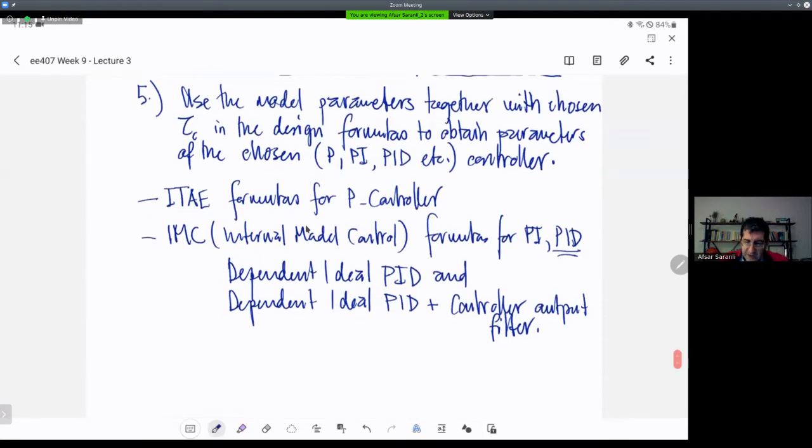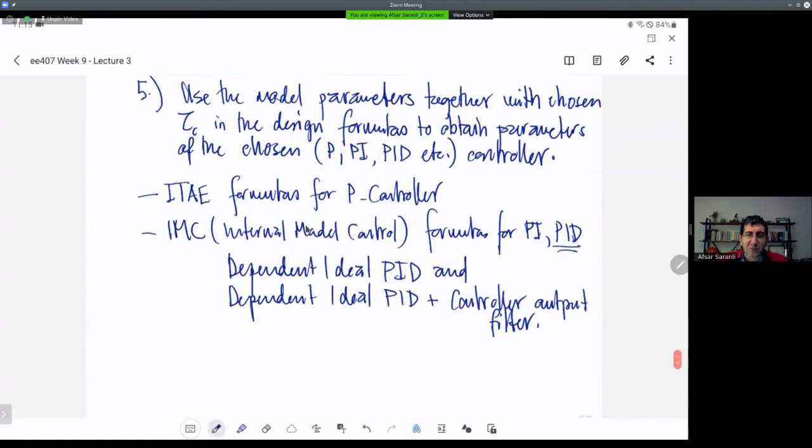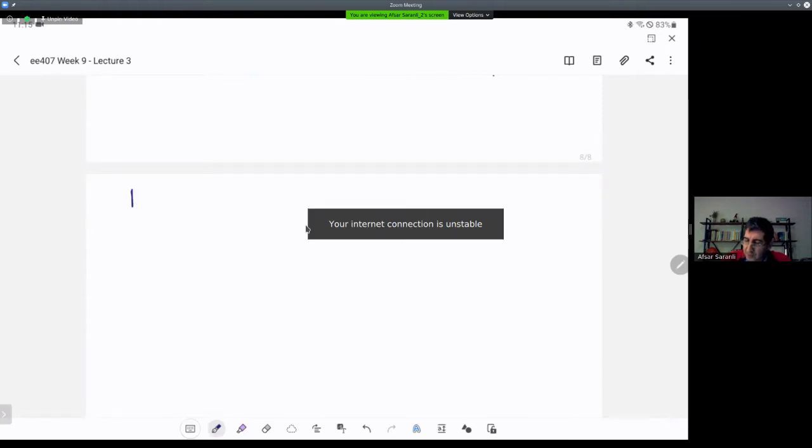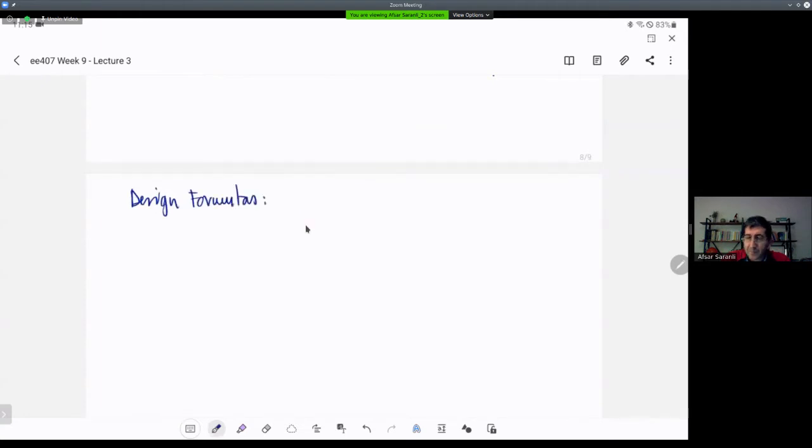So I'm going to wrap up by giving you these design formulas, which will kind of be out of nowhere for now. But as I said, it's my promise that I'm going to derive all of these formulas for you in the coming lectures. So here are the design formulas. Given the plant parameters Kp, tau p, and theta p, and closed loop time constant.